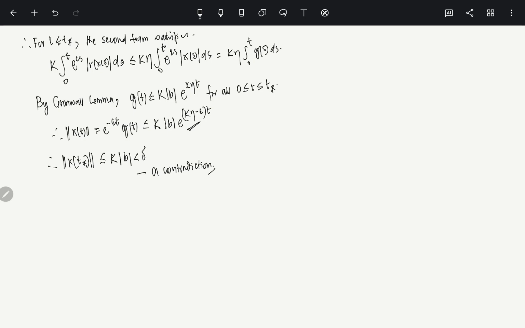So basically what we proved is, if there is a solution which starts in a neighborhood of b star, it stays there, and for all time t it is defined and stays in the neighborhood. Since x of t is less than k times mod b e power (k eta minus epsilon) t, and k eta minus epsilon is negative, as t tends to infinity, norm of x of t must go to 0. And 0 is the equilibrium point. So it is asymptotically stable. Is it okay? So that's how you prove this theorem.